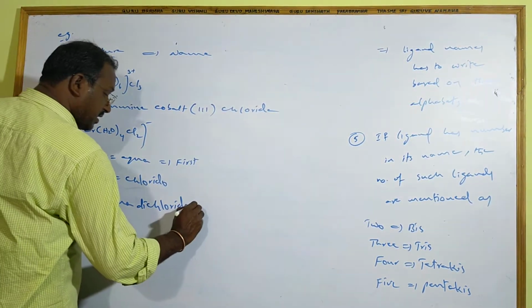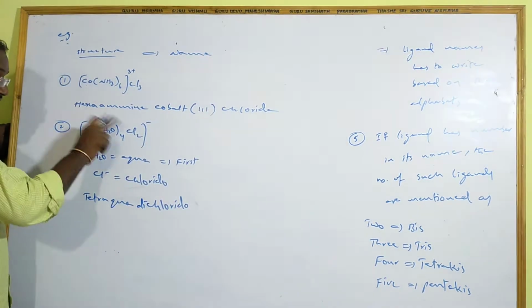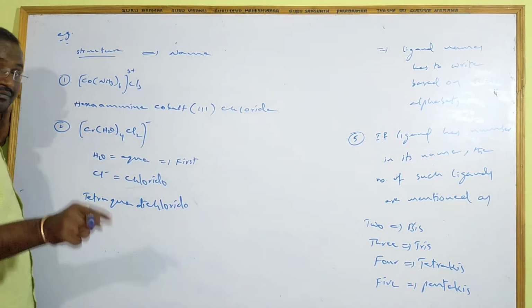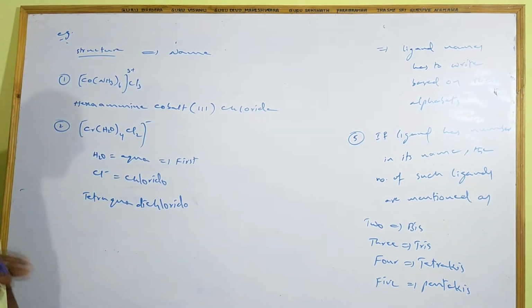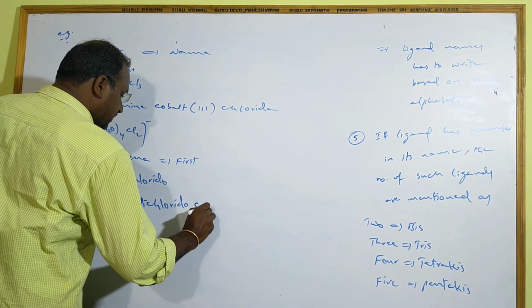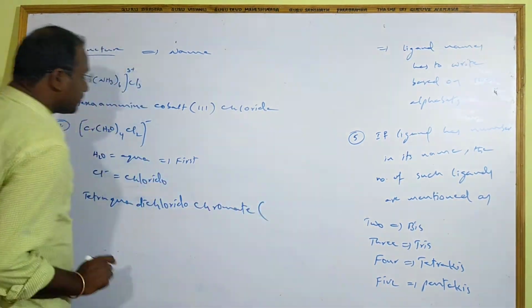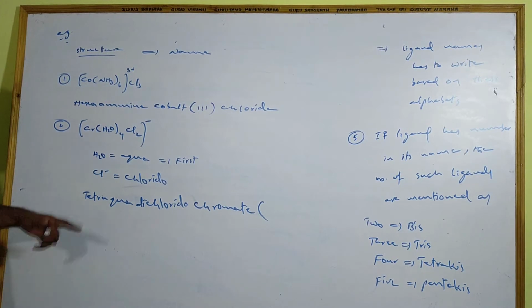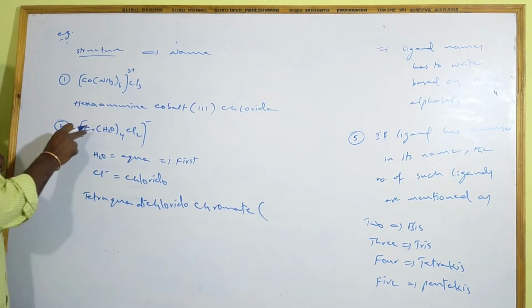Then chromium. The complex is negative, so if the complex is negative, the simple metal name always ends with the suffix what? Ate. Chromate. Its oxidation state: if you know it, directly, or if you want to calculate, you can calculate.